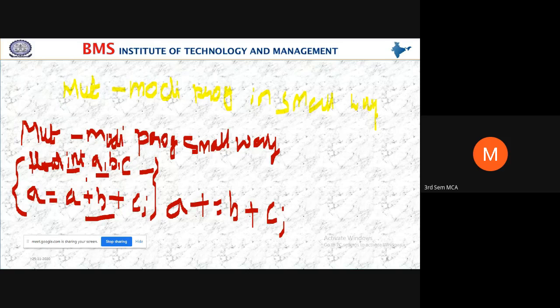Here previously I declared integer, and I have changed that to float. Now with the shorthand operator, instead of writing a is equal to a plus b plus c, I have written a plus is equal to b plus c. This is also a correct way to write this expression. Students, am I doing a modification here?